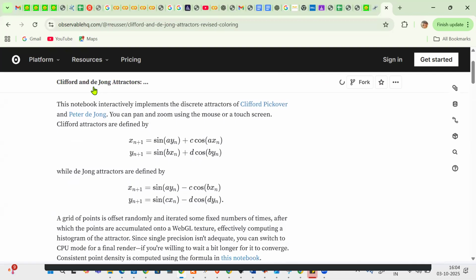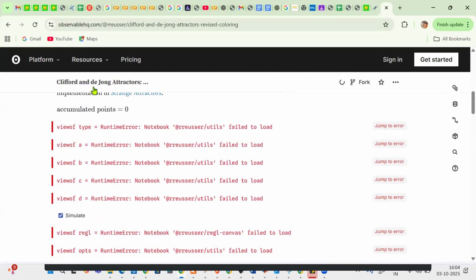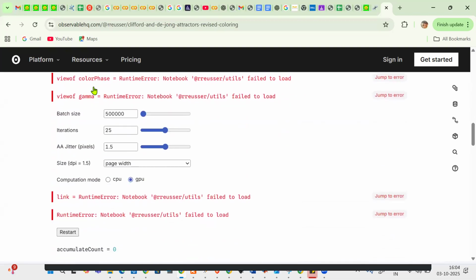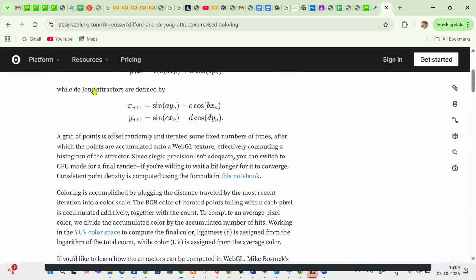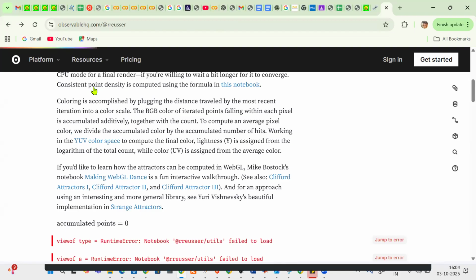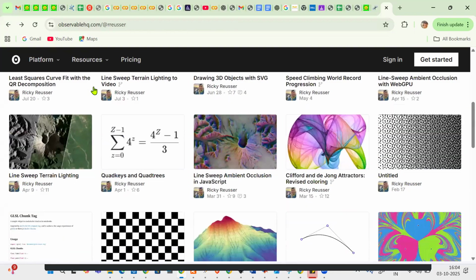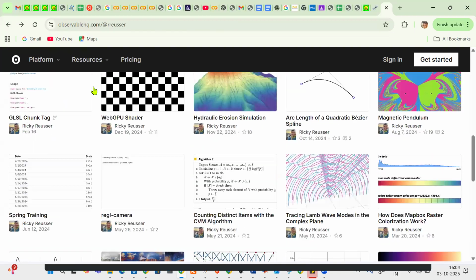So you see how he's simulating that. I don't know why errors are there, but some things are not working. Yeah, you can visualize a lot of things he has given here.